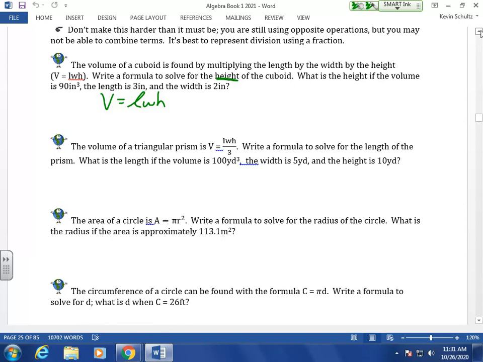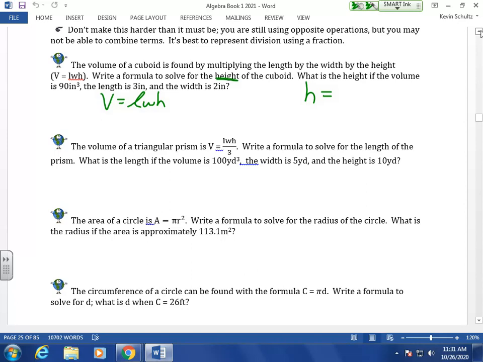You could plug in the values that you do know. Like 90 inches cubed equals 3 times 2 times 8. So that's what we'll end up doing, but just for the sake of argument, let's say we don't have any values yet. So we're going to rewrite the formula, keeping V as V, L as L, W as W, H as H, but rewrite this formula so that H is by itself instead of the volume.